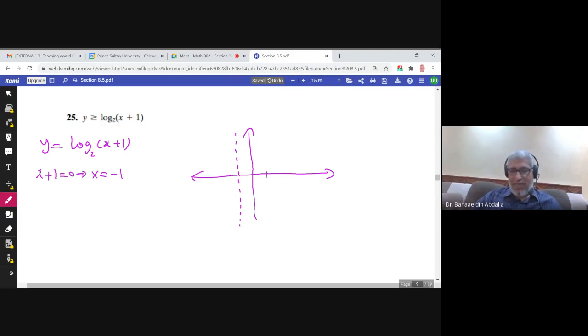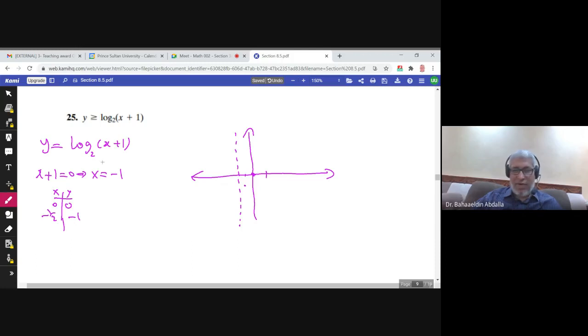So if you replace x by 0, it will pass through this point. If you replace x by 0, you will get 0, since log 1 is 0. If you replace x by negative half, you will get log half to the base 2, which is negative 1.